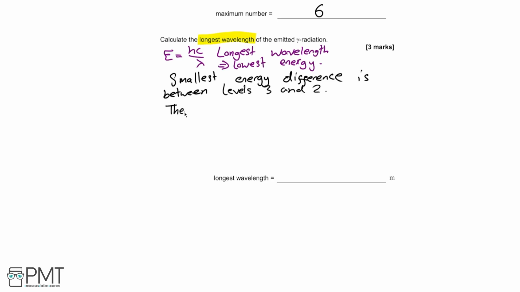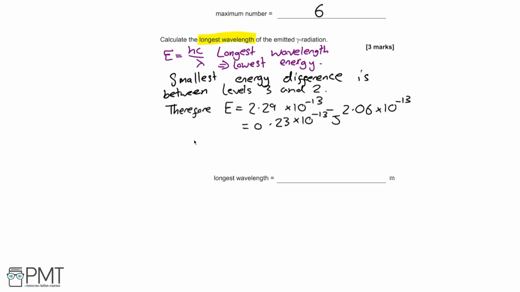Therefore, E is equal to the energy at level 3 minus the energy at level 2. This is given by 2.29 times 10 to the minus 13 joules minus 2.06 times 10 to the minus 13 joules, which is equal to 0.23 times 10 to the minus 13 joules.